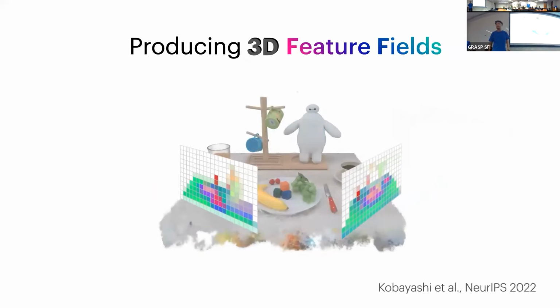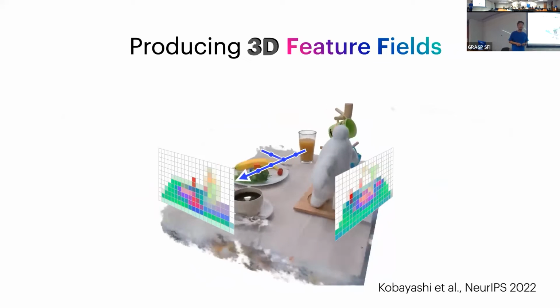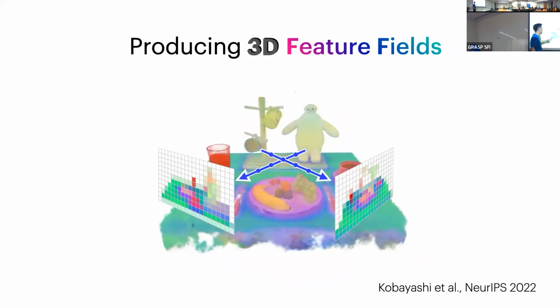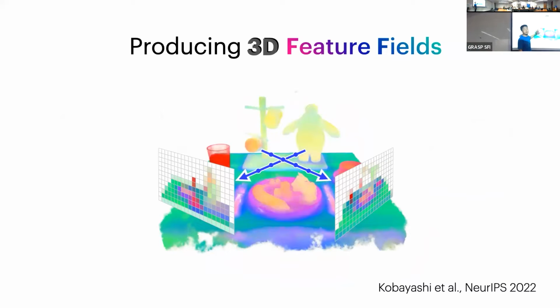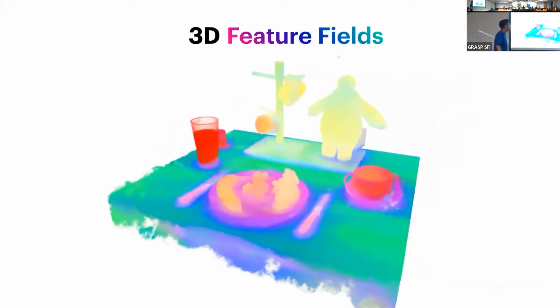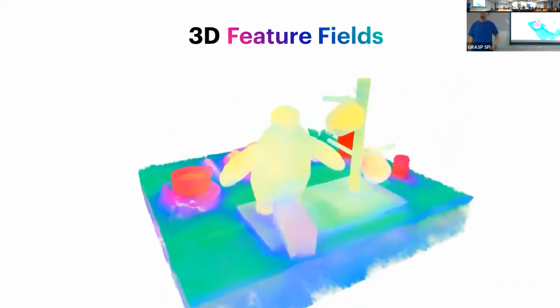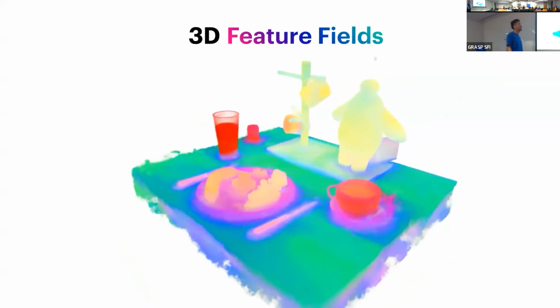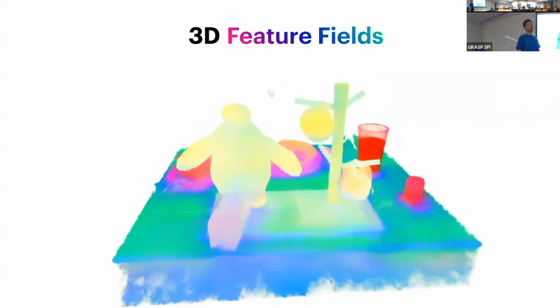And then in addition to rendering the RGB color values of each one of the pixels, you can also simultaneously try to render these two-dimensional feature maps, which are much lower resolution than the RGB images. And this is what we get at the end. So this is a DINO feature field, even though I was saying CLIP earlier, but DINO has better colors. I'm gonna show a CLIP feature field in a bit.